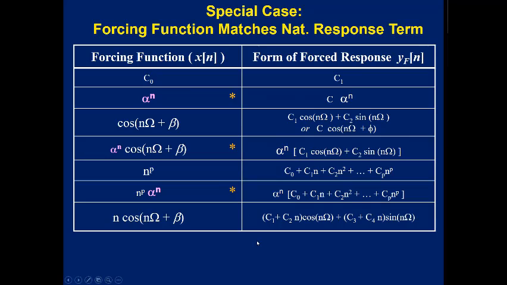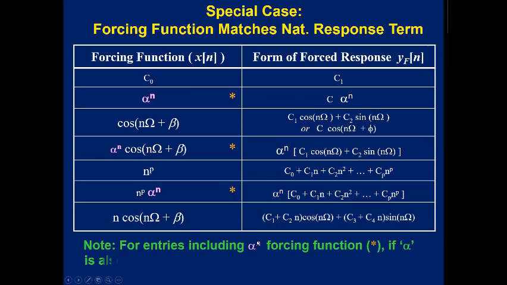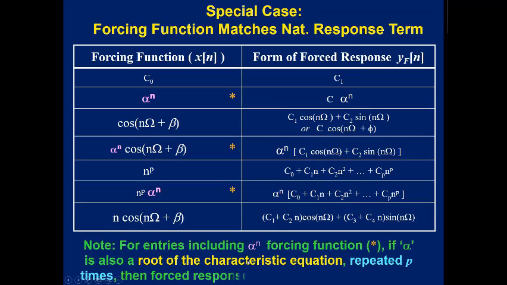Those asterisks say, for entries that include exponential terms, alpha to the n, for our forcing function, for our input, if the alpha is also a root of the characteristic equation, meaning, as in that example, I'm driving it with an exponential function and that exponential function also appears as part of the natural response of the system because of its characteristic equation, then I have to change my assumption about what the forced response is going to be.